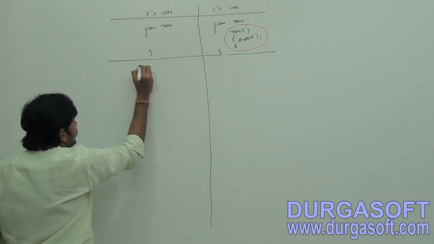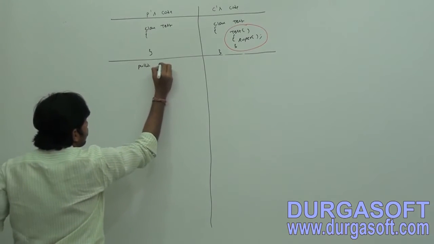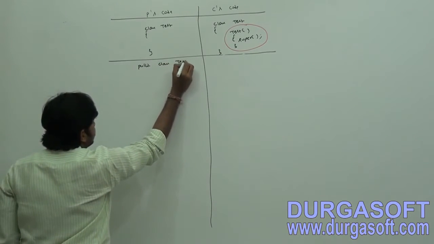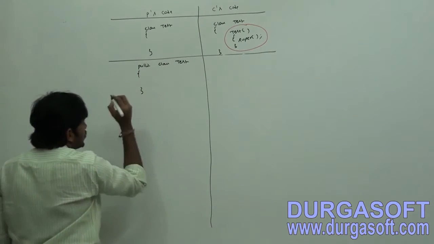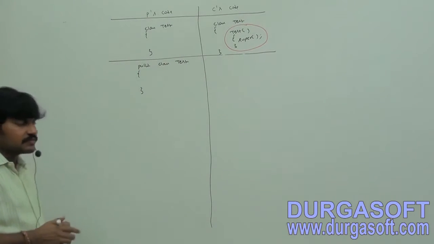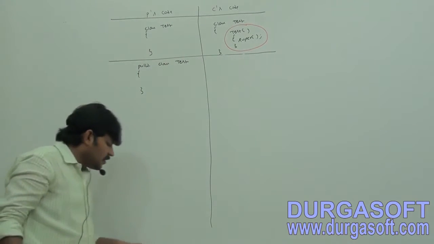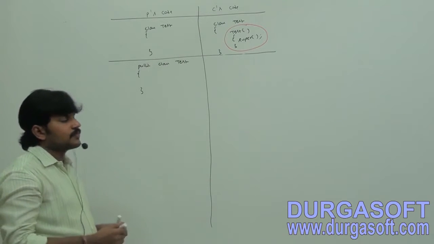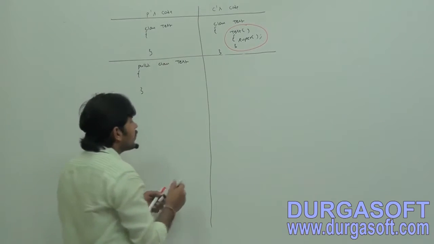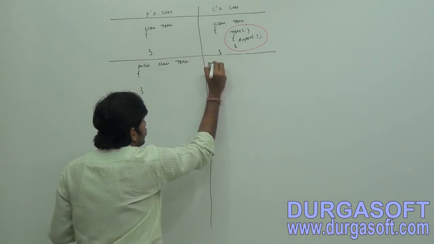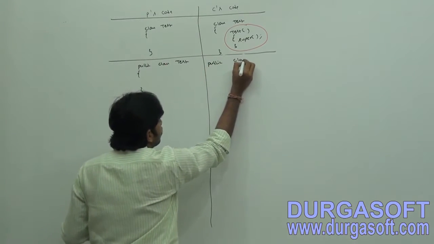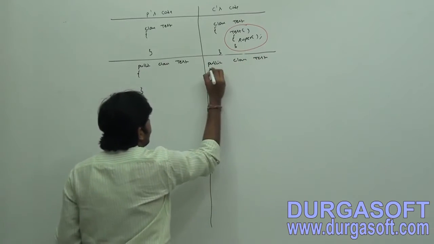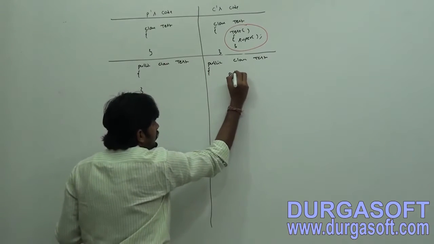I am taking public class test. Now can you tell the compiler generated code? In this case, will the compiler generate some code or not? Yes. Public class test. What is the constructor?